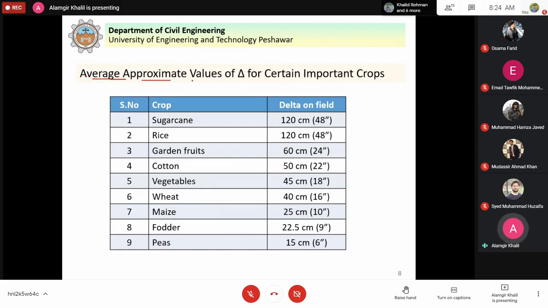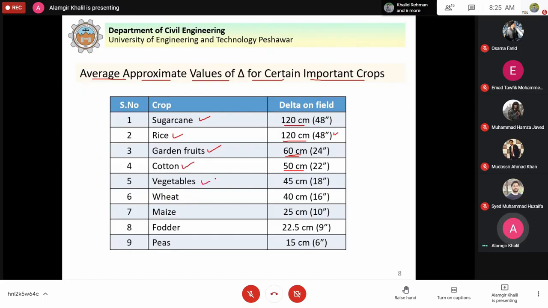Average approximate values of delta for certain important crops. For sugarcane, delta on field is 120 centimeter or 48 inches. For rice, it is again 120 centimeter or 48 inches. Garden fruits, 60 centimeter. For cotton, 50 centimeter or 22 inches.